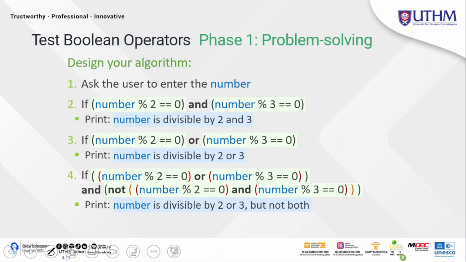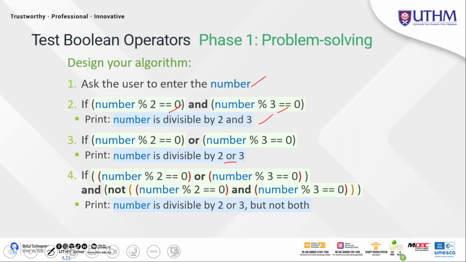So design your algorithm. This will be your algorithm. The user enters the number. If the number is divisible by 2 and divisible by 3, then it should print: the number entered by user is divisible by 2 and 3. If the number is divisible by 2 or divisible by 3, we can say that it's divisible by 2 or 3, either one.